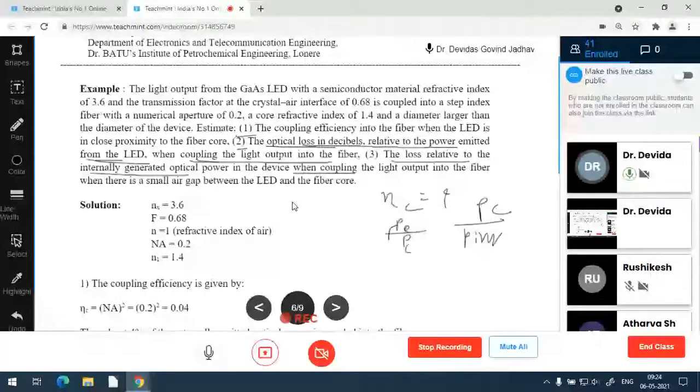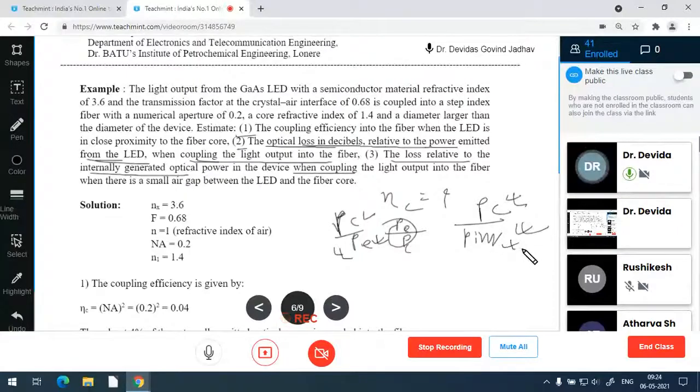So here also loss is calculated as PC upon PE. Coupled power divided by emitted power. Coupled power divided by internally generated power. So 2 and 3 are the same. Loss for coupled power with respect to emitted power is there. Loss of coupled power with respect to internally generated power is there. So this is when coupling the light.